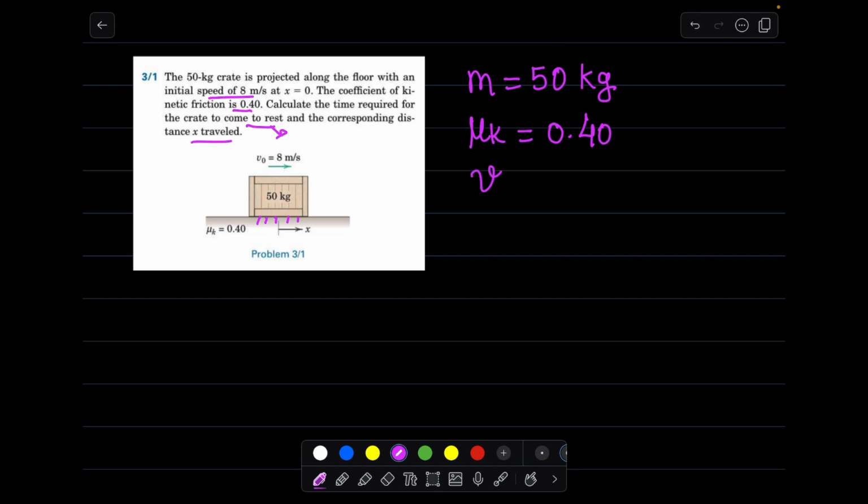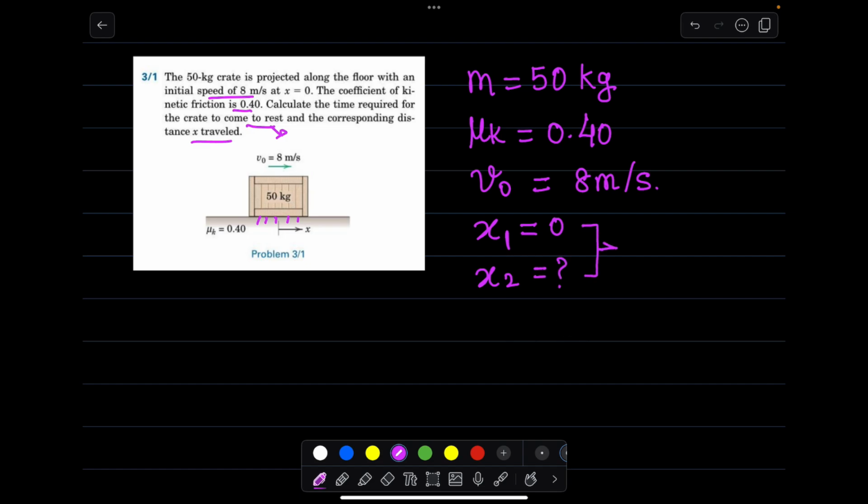So I can say the initial speed v naught is 8 meters per second. It starts from the position x1 when x is 0, and we have to find x2, and the time required to travel this distance.